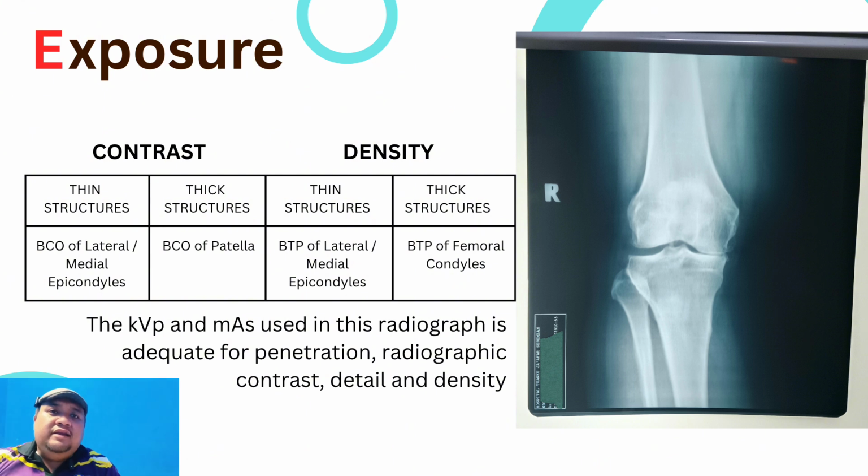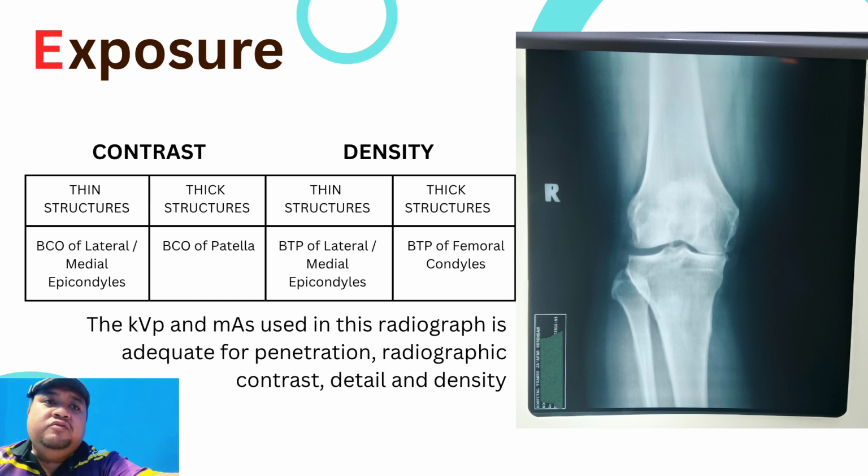In thin structures, we can see the bony trabecular pattern within the lateral and medial epicondyle. It's showing that density is not too high or too low. In thick areas, like the femoral condyle, the bony trabecular pattern details are still visible, confirming that the exposure allows proper penetration.